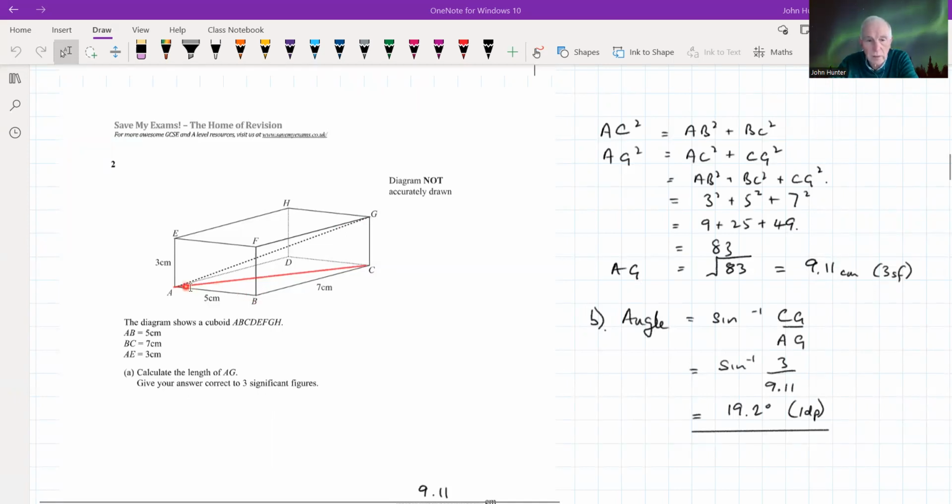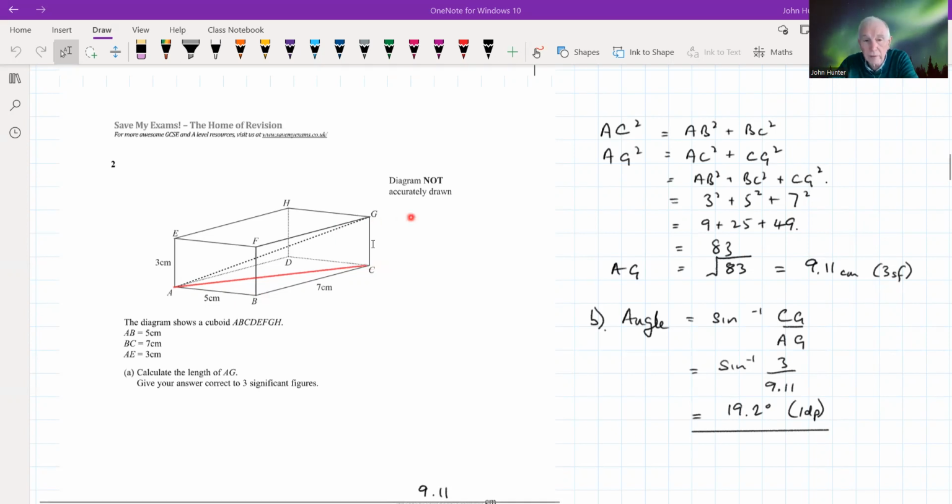So we can then derive AC from Pythagoras' theorem. AC squared equals AB squared plus BC squared. Well, we're not going to work that out just yet, because we are actually after AG, and we can apply this to this triangle ACG. You can probably see that this angle C here, ACG, is also a right angle.